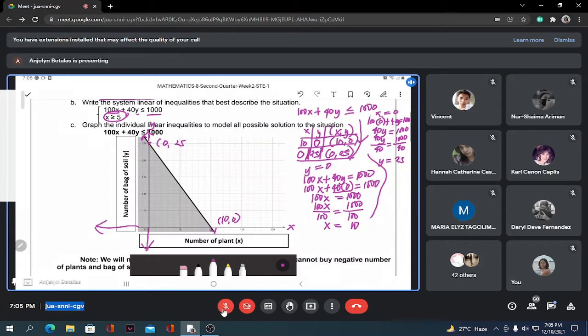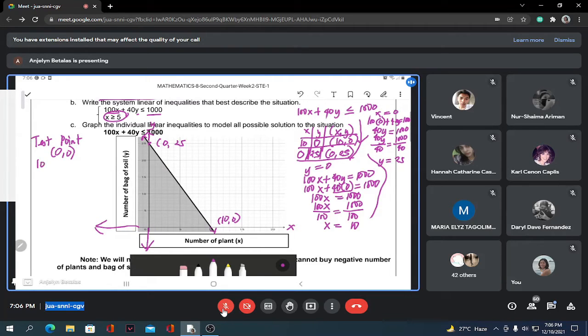Now, for the shading, we use a test point again. The test point is, of course, (0, 0), so just use (0, 0). But you can use any other ordered pair, class, as long as that point is not on the line. So, next.